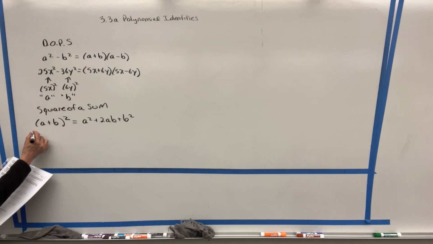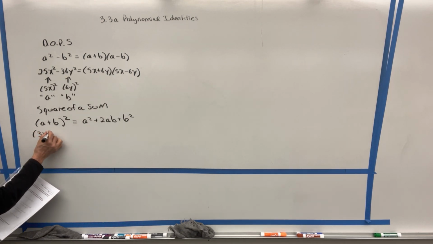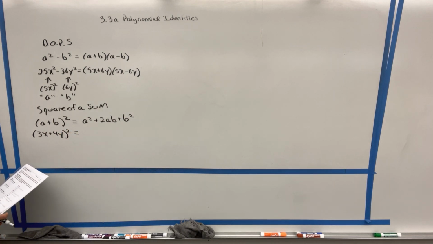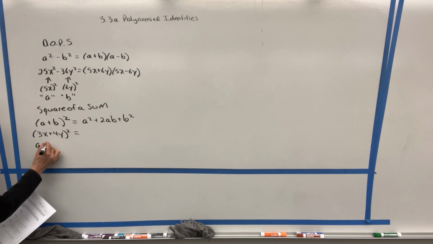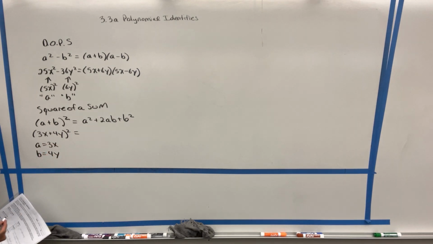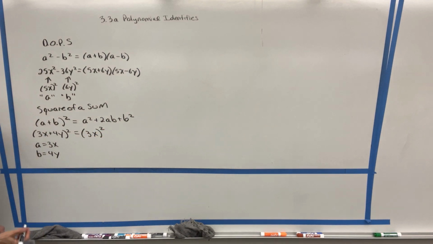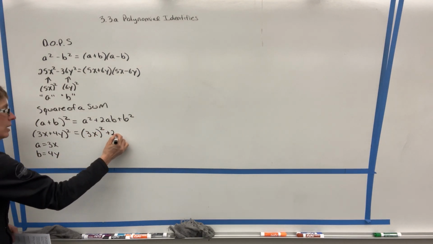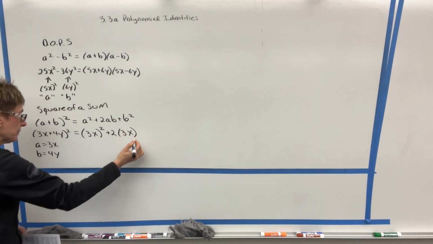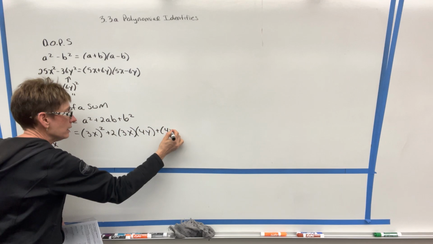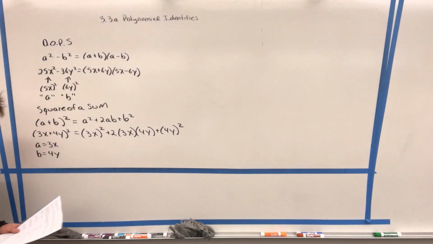So for example, let's say I have 3x plus 4y squared. If I identify that my a is 3x and my b is 4y, I can use that information here and write this as 3x quantity squared plus 2 times 3x times 4y plus 4y squared.